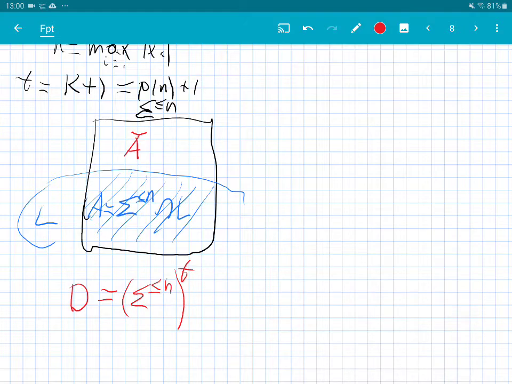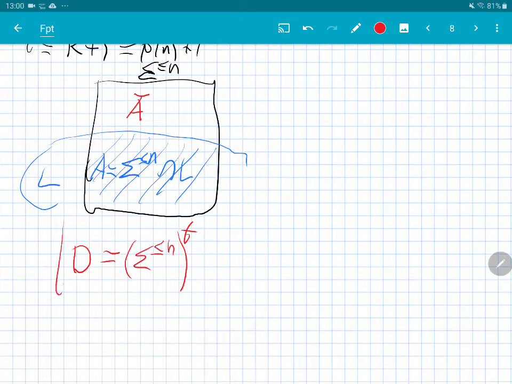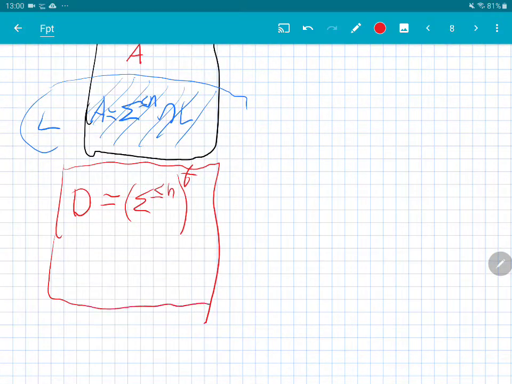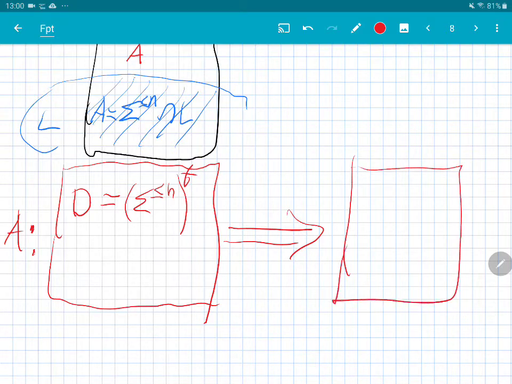And we have the algorithm, which takes all those tuples and maps them into strings of length at most k.